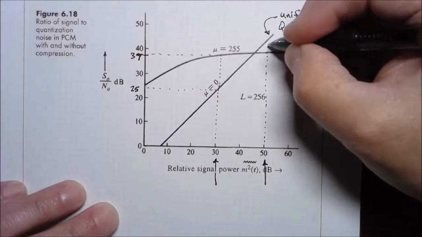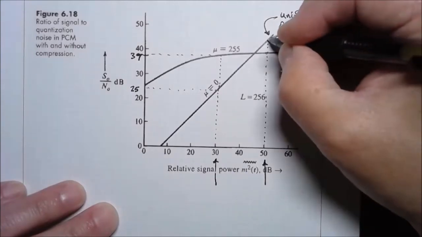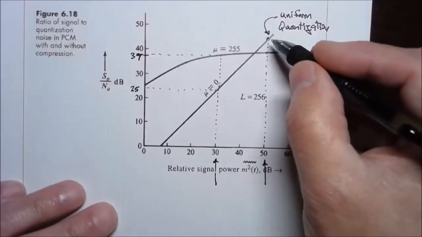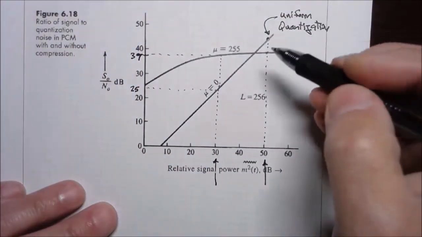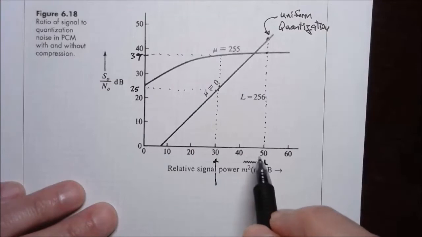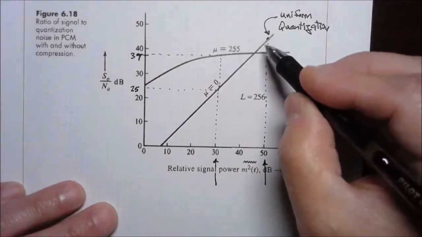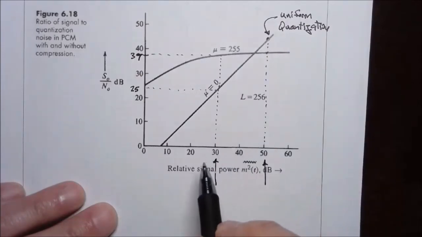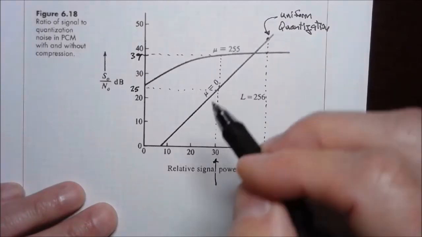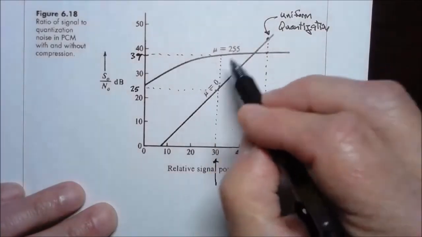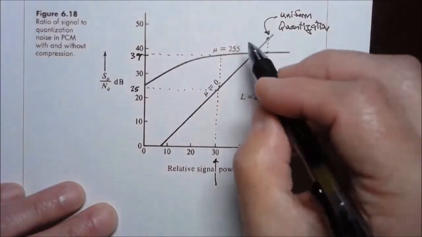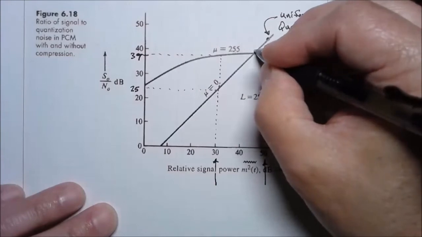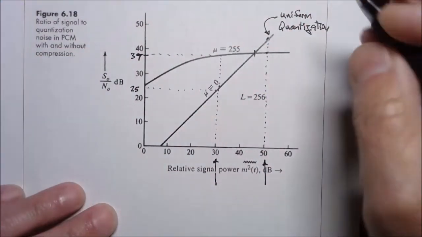But if we simply used uniform quantization, we would get something like 45 decibels signal to noise ratio. So with the high-powered signals, sometimes it's better to use uniform quantization, and with low-power signals, it would be better to use the compressor, the compander. And so obviously there's a crossover point, and that's kind of interesting.